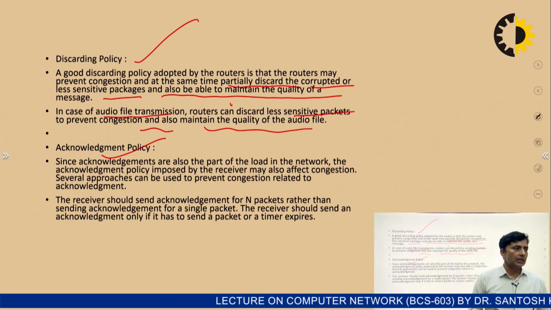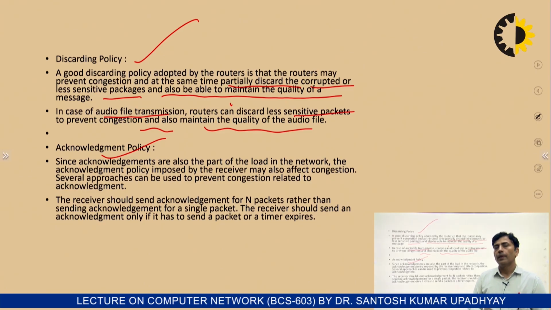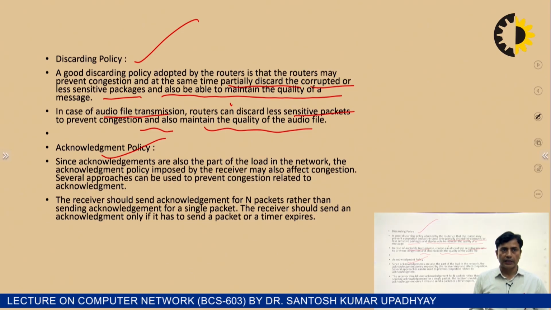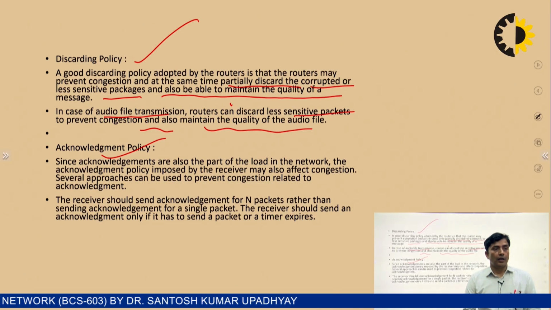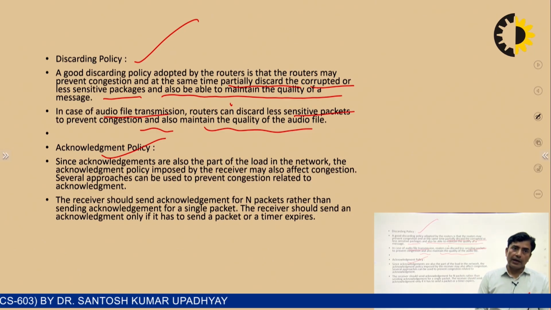Acknowledgement policy: since acknowledgements are also part of the load in the network, whenever a packet is not delivered successfully to the destination, that packet may be dropped or lost in the network.